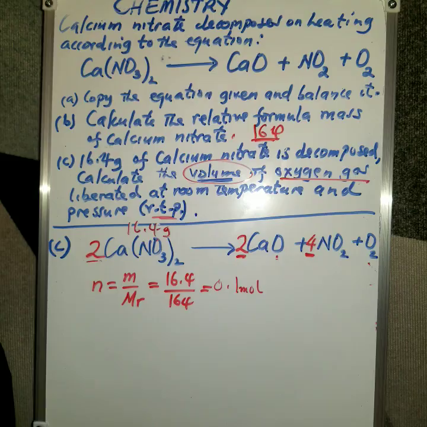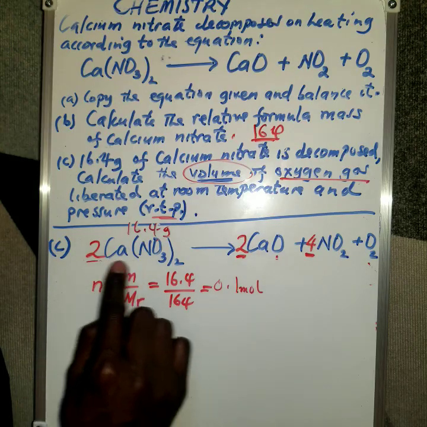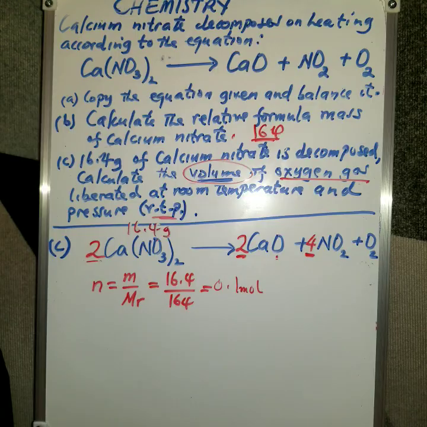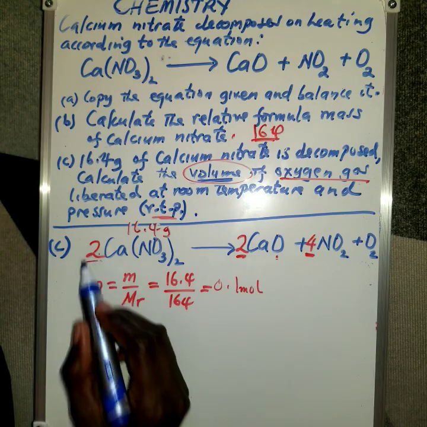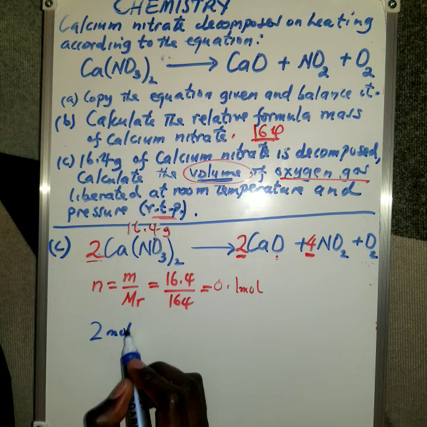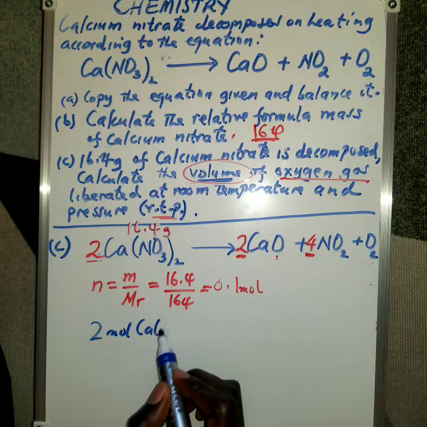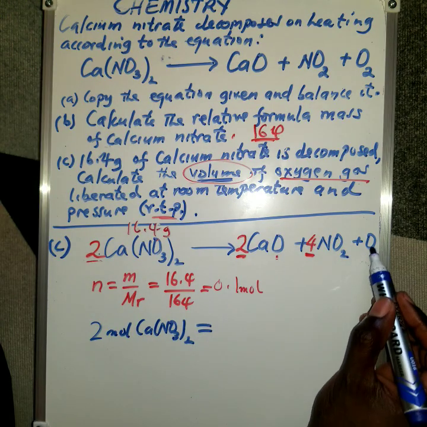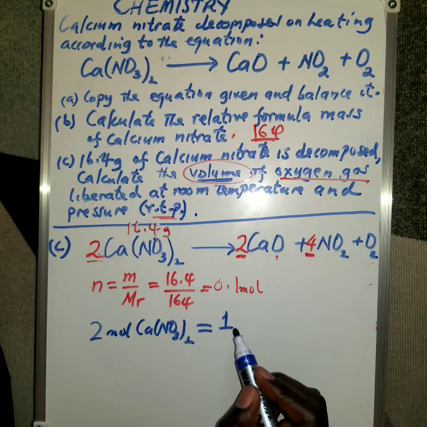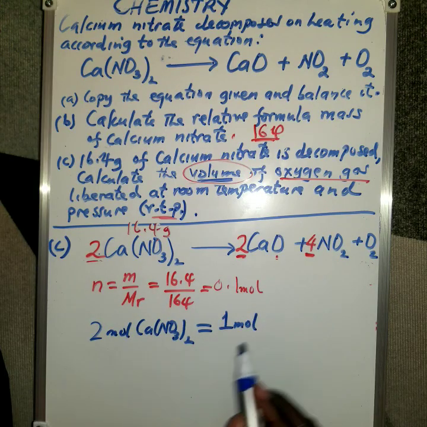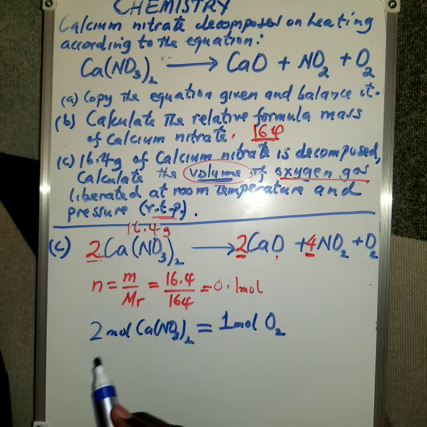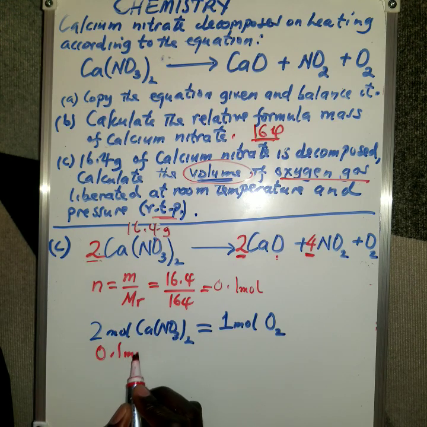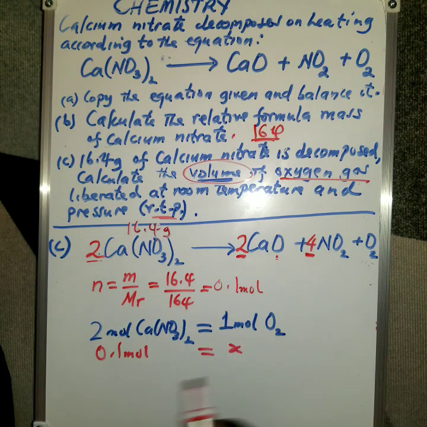Now I want to use the mole ratio. So I'll compare the moles of calcium nitrate to the moles of oxygen. From here the number in front is 2, so 2 moles of calcium nitrate. 2 moles of calcium nitrate produces how many moles of oxygen from the balanced chemical equation? It produces only 1 mole of oxygen. So suppose I use now 0.1 mole of calcium nitrate, how many moles would that give me?